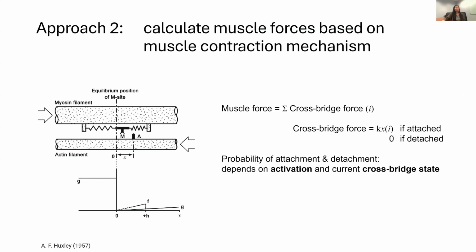We will say muscle force is the summation of the cross-bridge forces, and we will calculate the probability of attachment and detachment, which I will go into in more detail later. These cross-bridge states are dependent on the past activation and past movement. By doing so, we will get the history dependence as an emerging property of the muscle model.